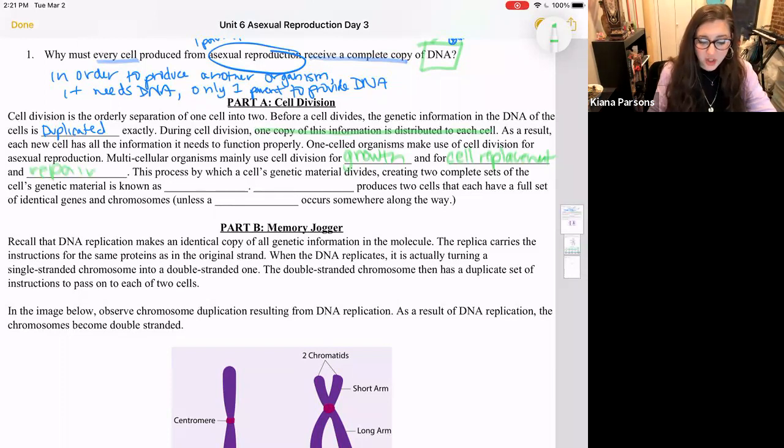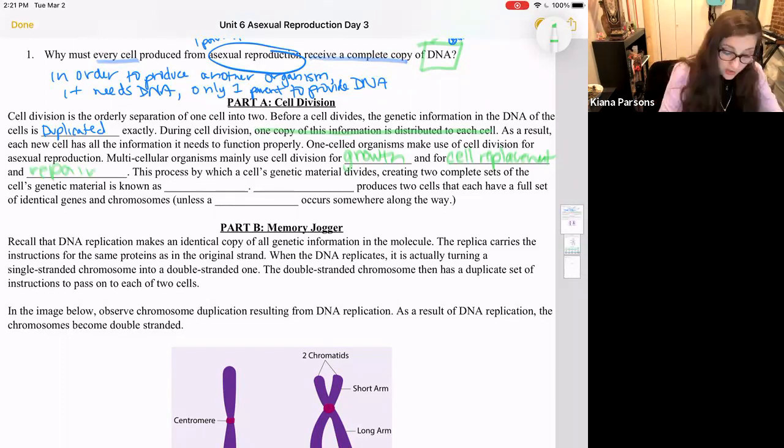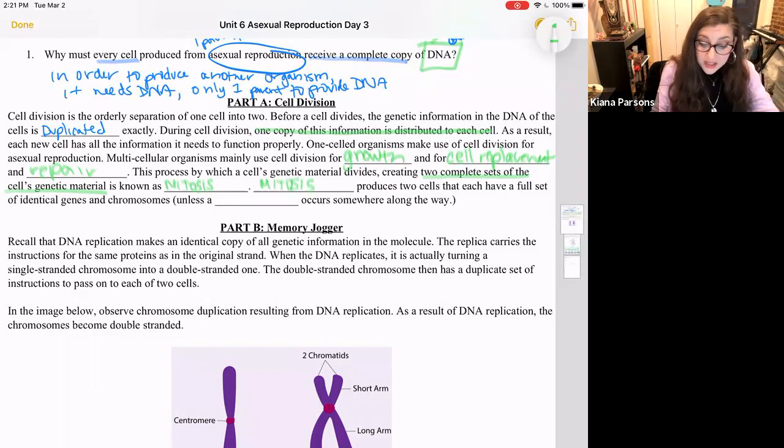This process by which a cell's genetic material divides, creating two complete sets of the cell's genetic material, is known as mitosis. And this process is happening inside of us all the time. Mitosis produces two cells that each have a full set of identical genes and chromosomes.